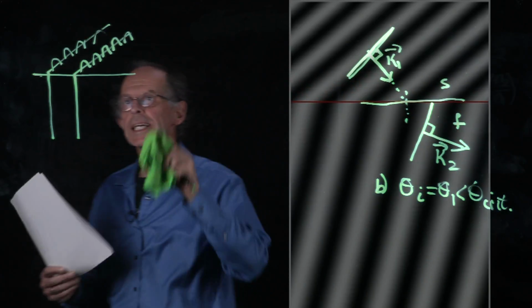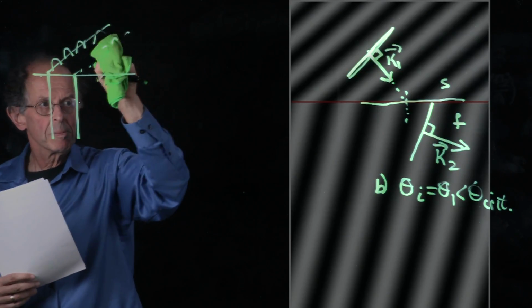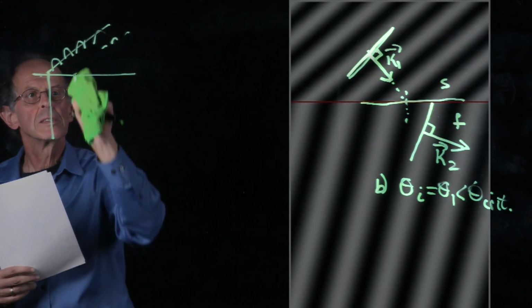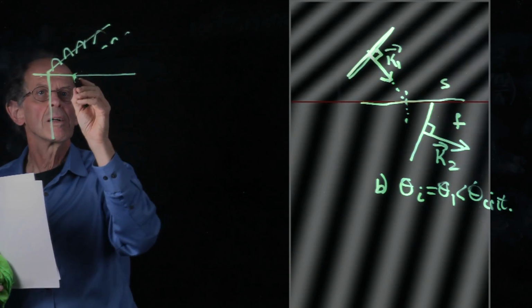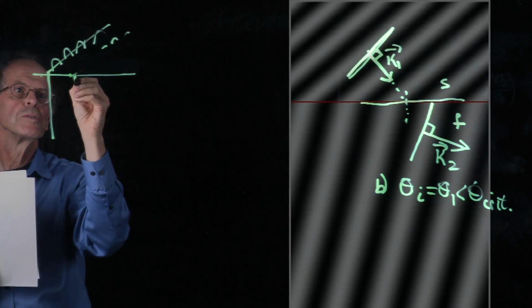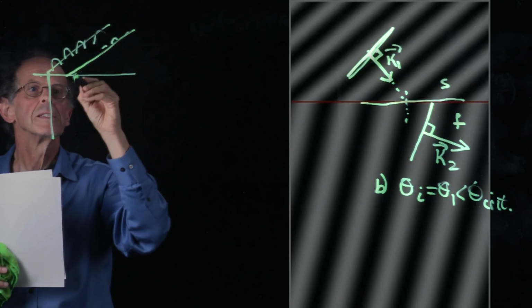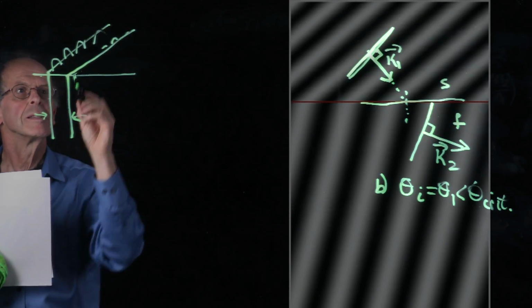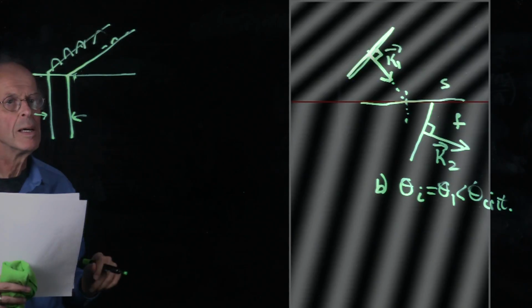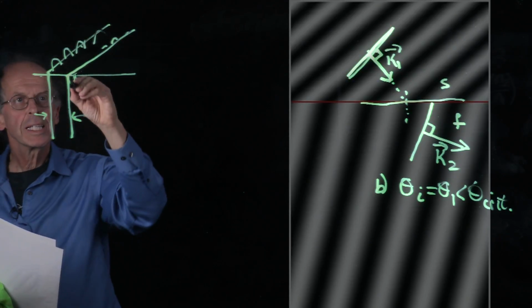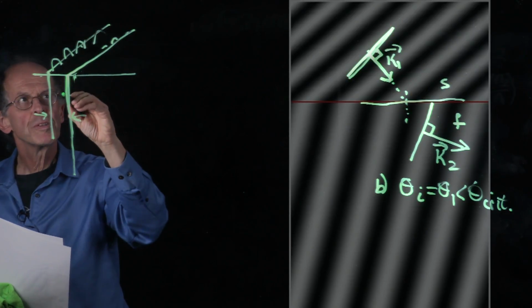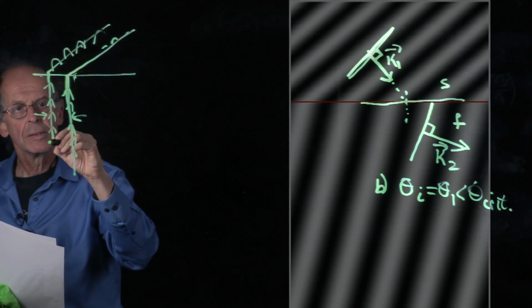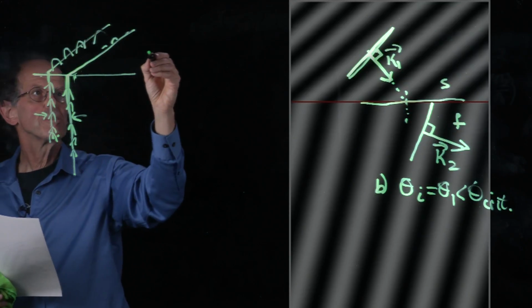Let me draw it again. These are bigger, so just there and there. So this distance here is bigger than this distance here. All right, so that's what it looks like at 90 degrees, and the amplitudes are the same all along these wavefronts. And that's a schematic answer for part C.